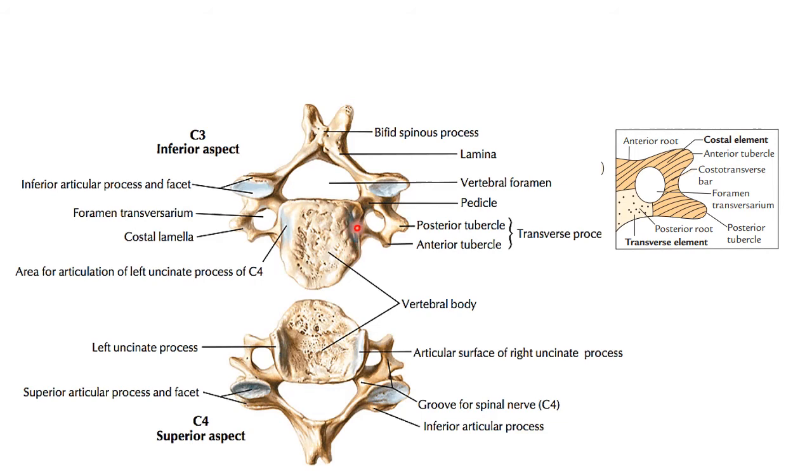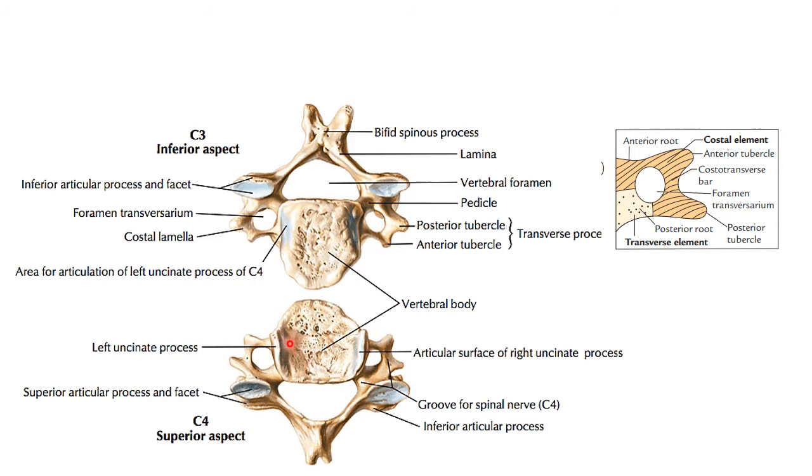Beveled means they are sloping laterally. They are beveled because they have to form joints with these uncinate processes.